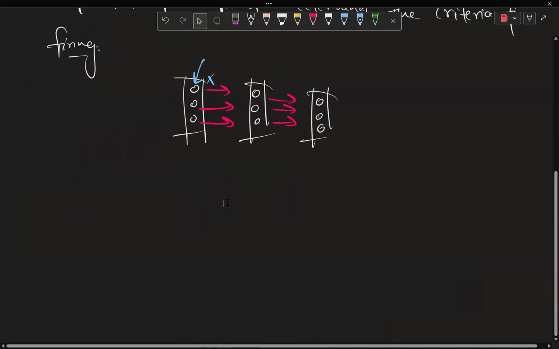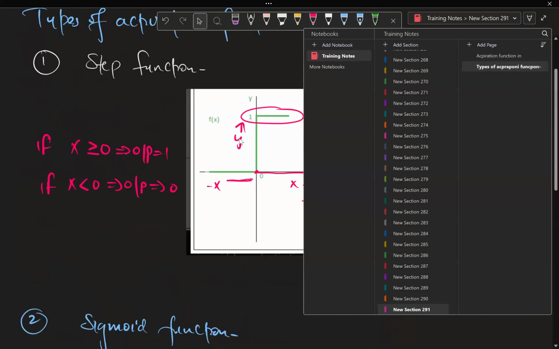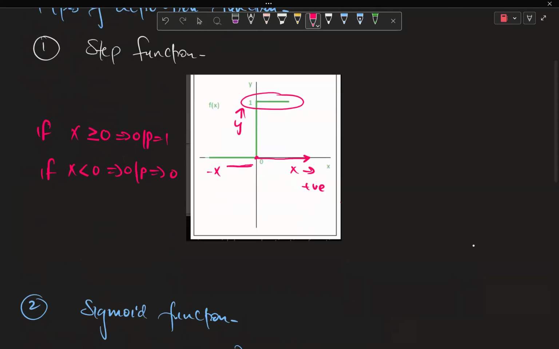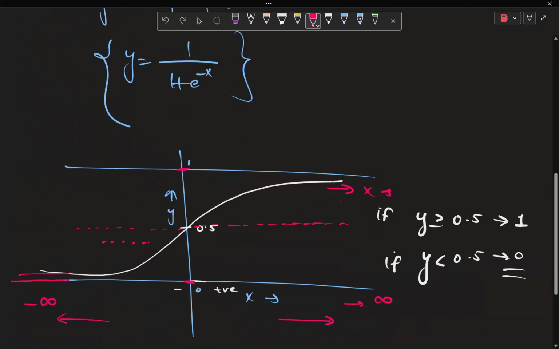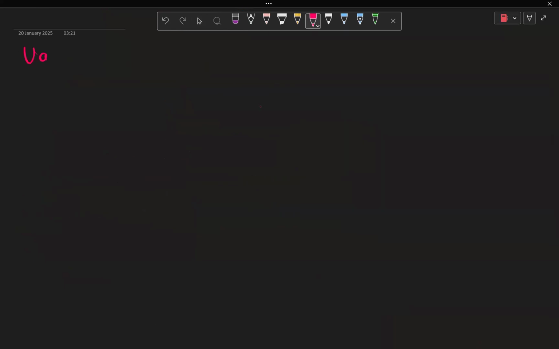The same problem you have with the step function also. Your x keeps on increasing, but for every positive value of x, your y is constant, that is 1. Here also, for every negative value of x, your y is constant, that is 0. Getting it, guys, what the vanishing gradient problem is? I'll just write it here.